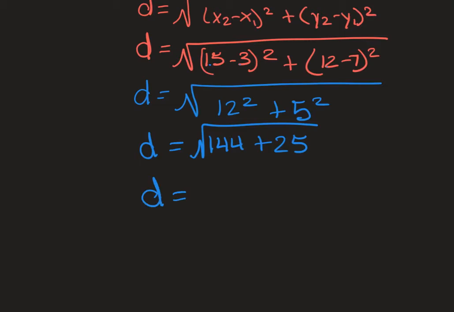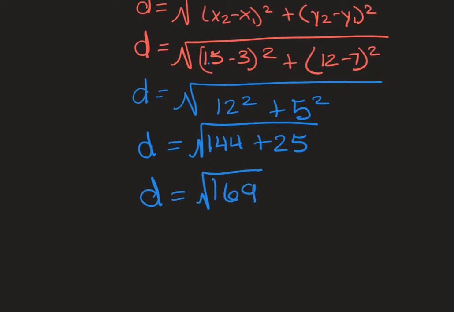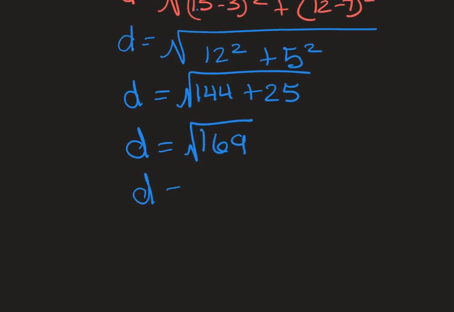Okay, so 144 plus 25 gives me 169. Okay, so D is going to be the square root of 169. And that might be one you still know. If not, go ahead and use your calculator. Second square root, 169 is going to give you 13 units.